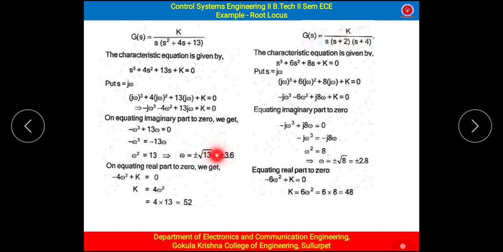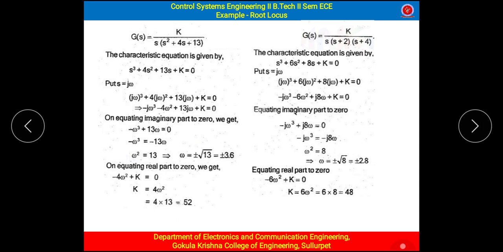and this value gives the intersecting point of the root locus branch with the imaginary axis. So this is plus 3.6 and minus 3.6. Now take the other part: previously we took the imaginary part, now you take the real part and use this value to calculate k. So k is equal to 52. At that particular point, k is equal to 52.